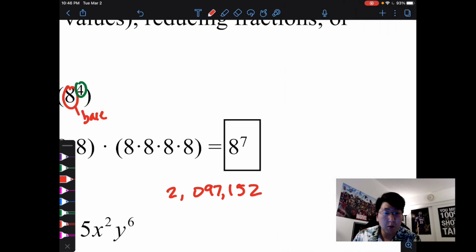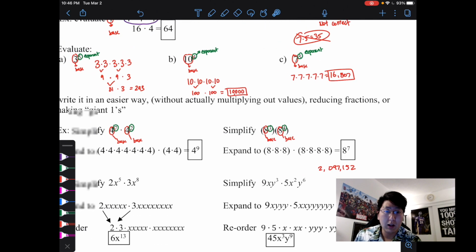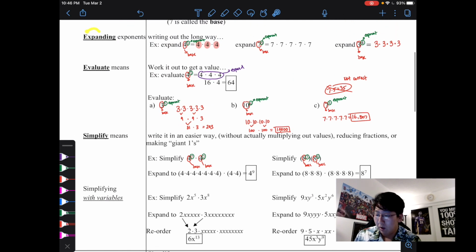Well, that's not what I'm asking you for right here. I'm asking you to simplify. So this right here will be a good enough answer when I ask you to simplify. So I hope you understand that there's a difference between expand, evaluate, and simplify. Come back to these notes if you're not sure. It's always good to come back and read through your notes again.